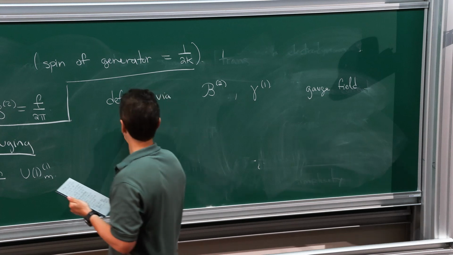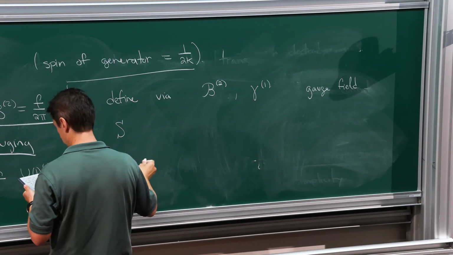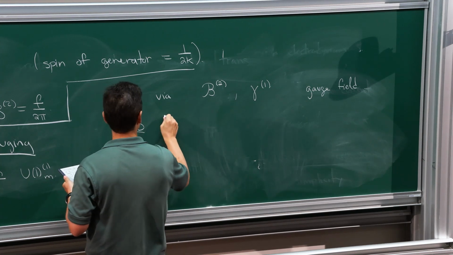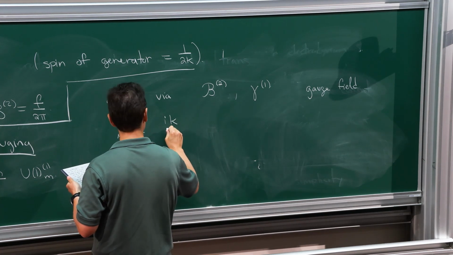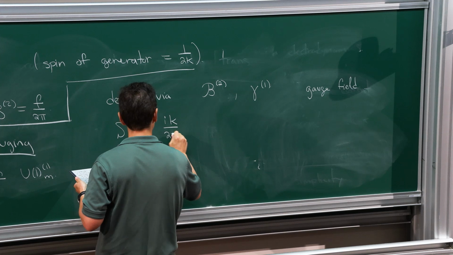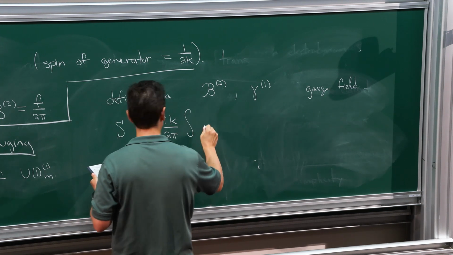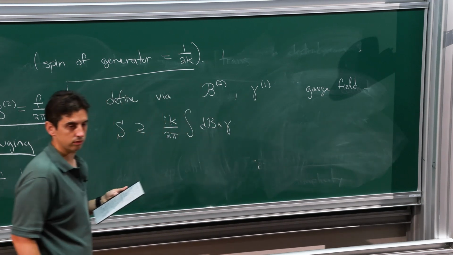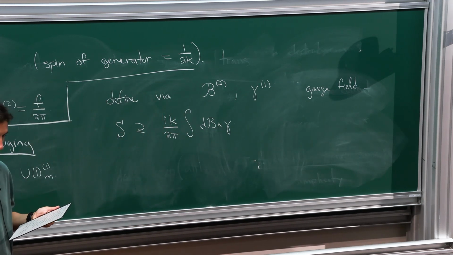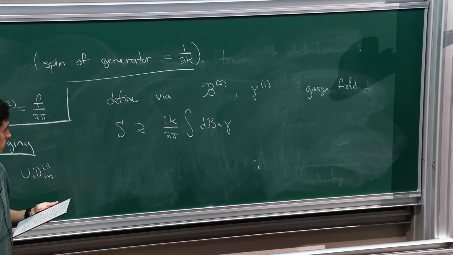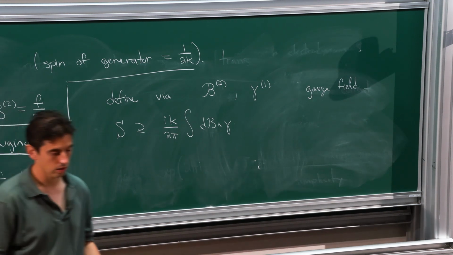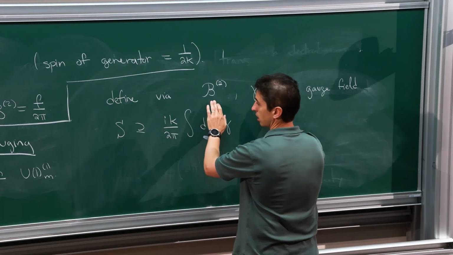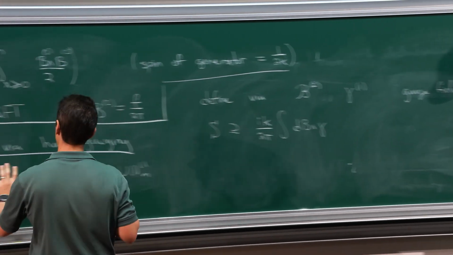And what's the action? It should contain a term like i k over 2 pi integral d beta wedge gamma. So is gamma 1 the same thing as C? No. Sorry. Good. Yeah, sorry. These are going to be 2 new fields that are going to be needed to implement this.